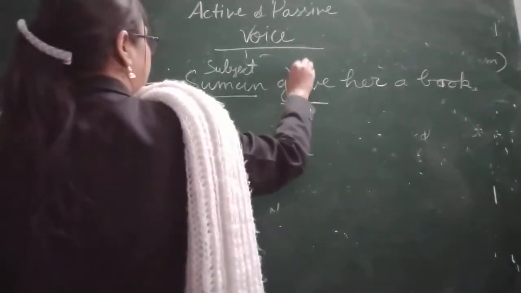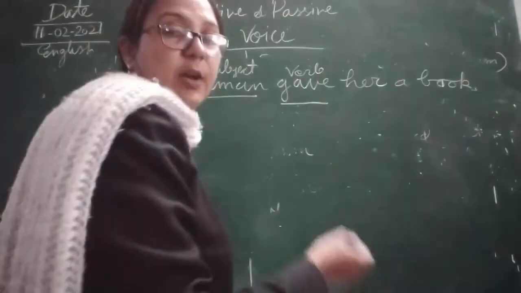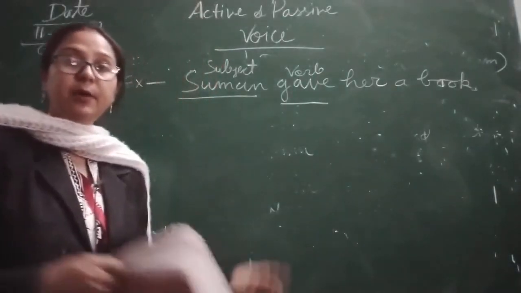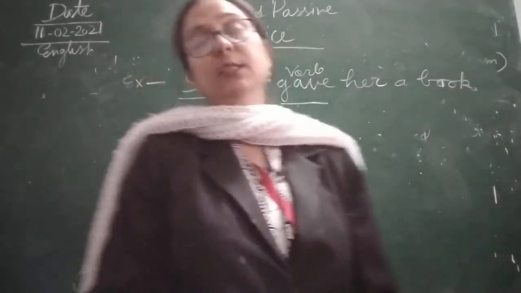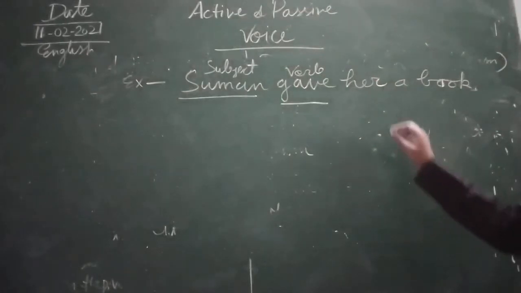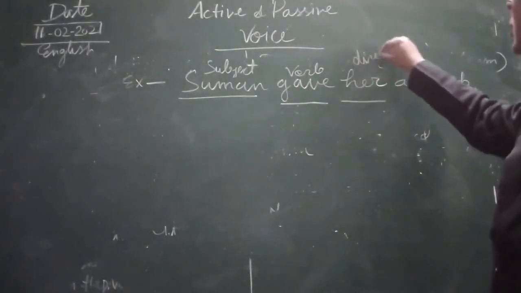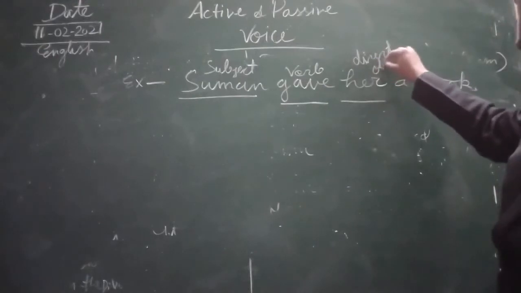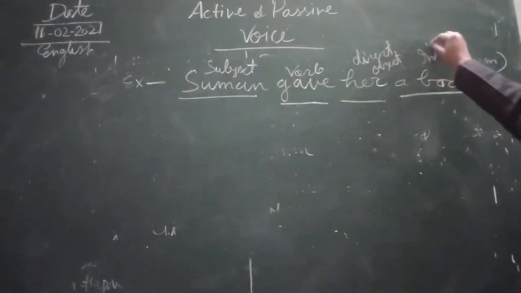Gave is a verb, and this is a transitive verb, because there is an object after gave. So here you can see two objects, direct and indirect. So her is the indirect object, and a book is the direct object, children.